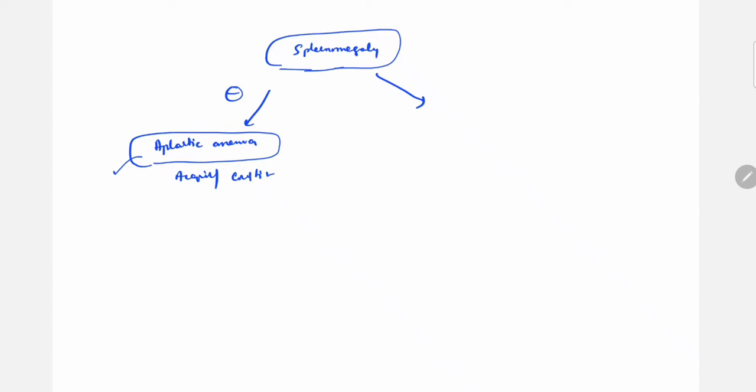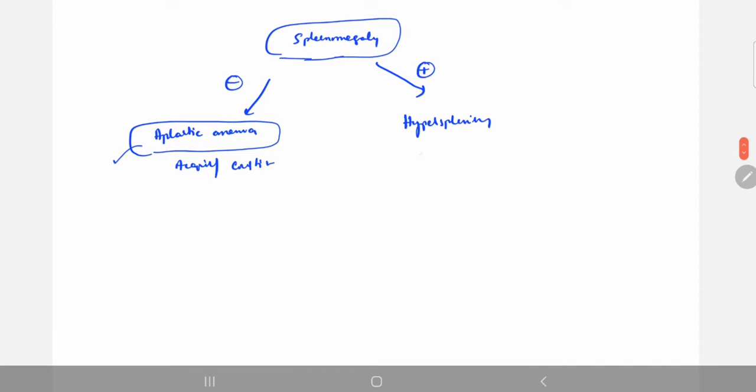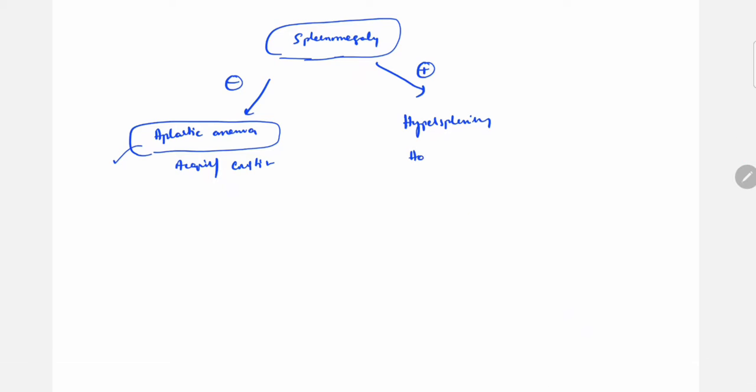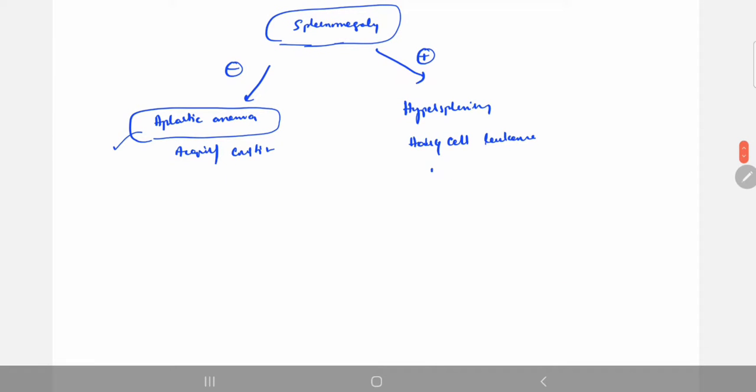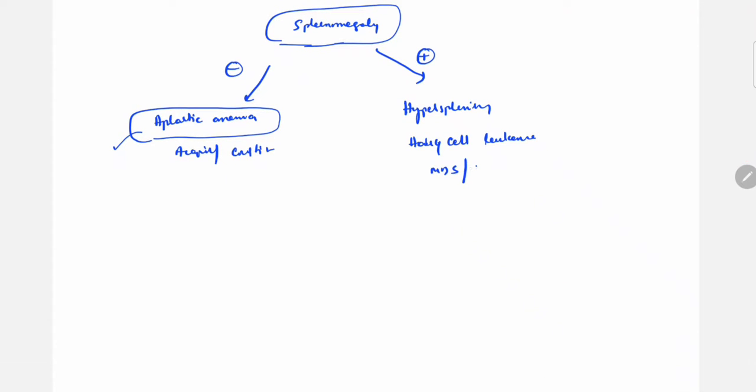If splenomegaly is present, the conditions may be peripheral dysfunction like hypersplenism, or hairy cell leukemia, or myelodysplastic syndrome or myelofibrosis.